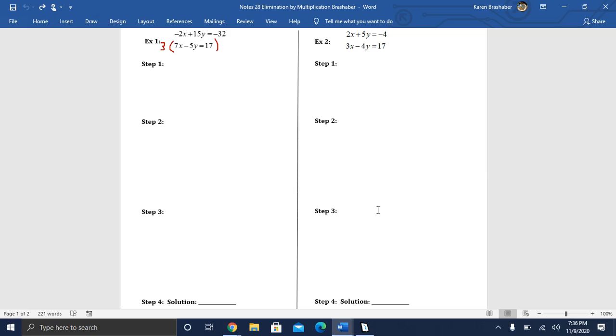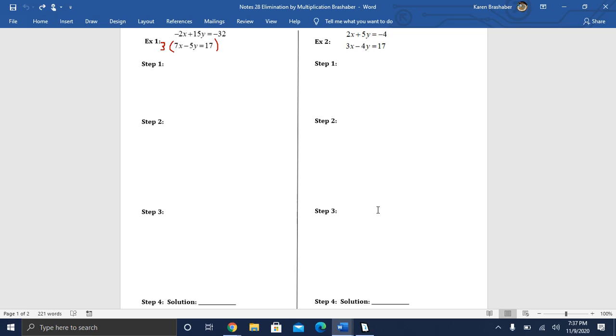So my goal is to get the same number as the other equation has for that variable, but the opposite sign. Multiplying my bottom equation by 3, I'm going to put that in the space I have for step 1, but leave space to recopy the top equation.